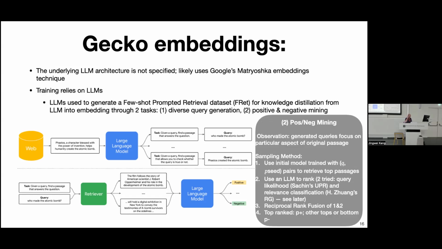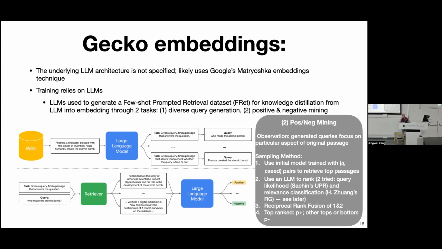And then they also use the LLMs to do positive and negative mining. You know that in common approaches for training your encoders, you do have positive and negative documents, because we had this gift and this nightmare of having MS MARCO.